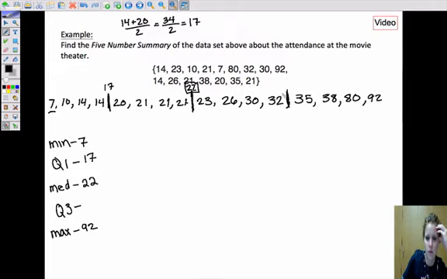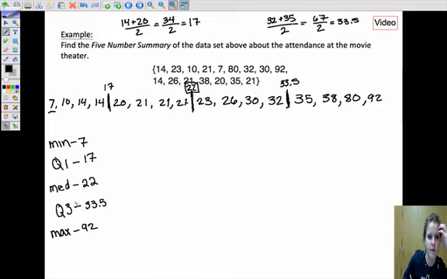Okay, so right in the middle of 32 and 35, we have to do 32 plus 35 divided by 2, that's going to be 67 divided by 2. That's going to be 33.5, right? 33.5 is my third quartile.